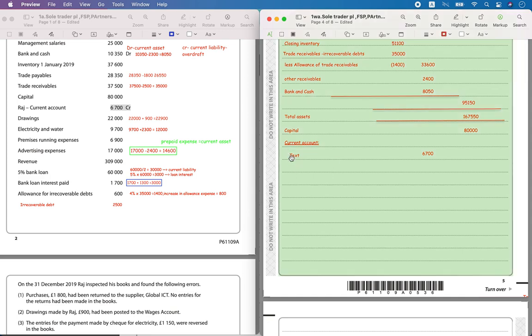This is the balance that was given in Raj's current account, 6,700.